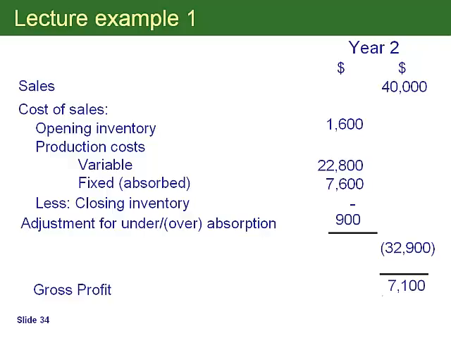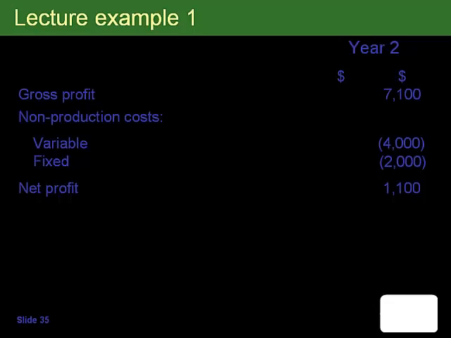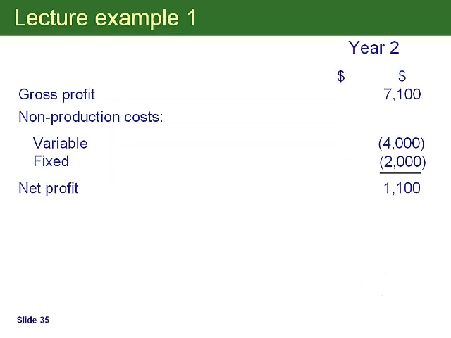Actual overheads are 8,500. So we need to increase the cost by the amount of the under absorption, which was 900. So we then get from that gross profit of 7,100 down to a net profit of 1,100 by taking out those non-production costs.